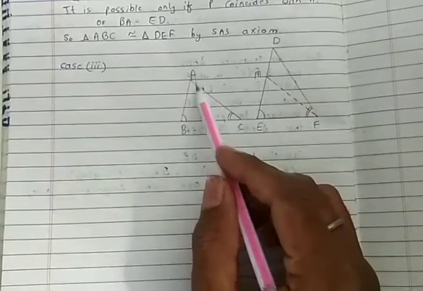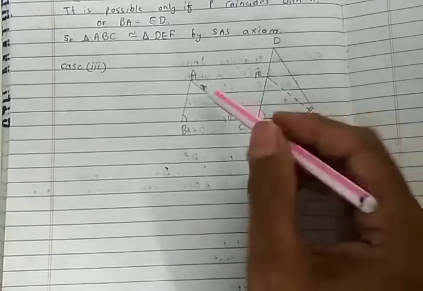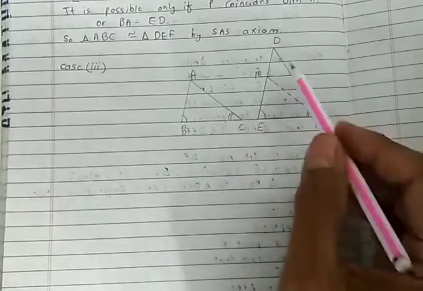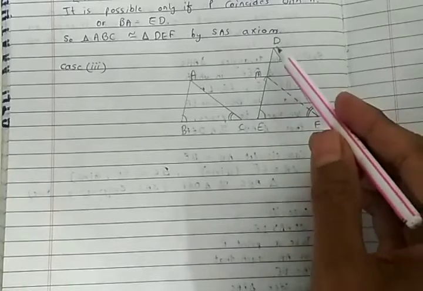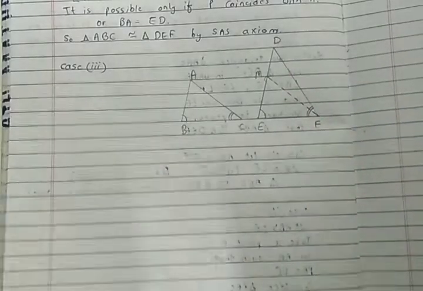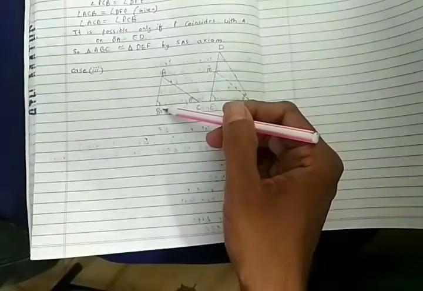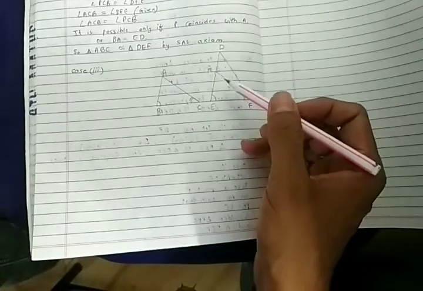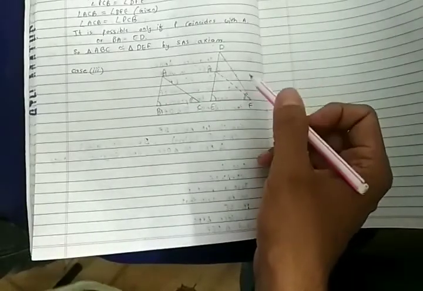Now the side AB is equal to side DE, but DE is greater than AB. So what we will do, we will take a point M on DE such that AB will be equal to ME, right? The size of AB will be equal to ME.